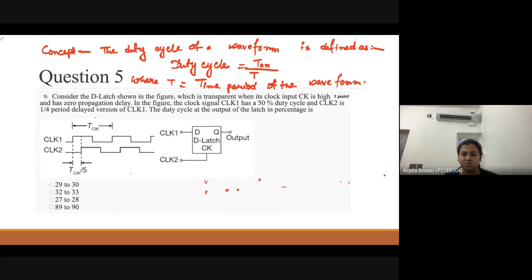Now we are going to draw the output. From here you can see clock 1, it is like this, and clock 2.